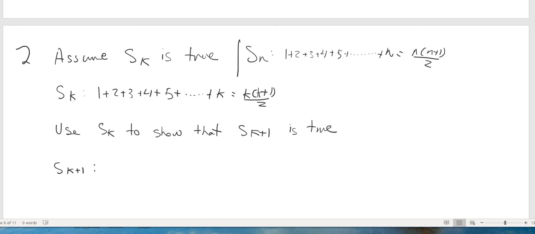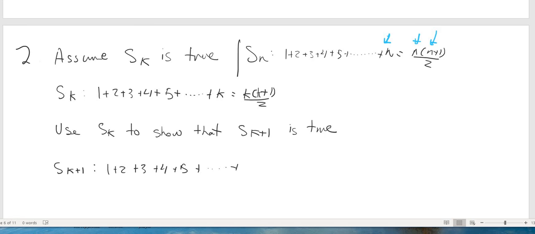Well, wherever you see an n, you plug in k plus 1 this time, right? So how does that look? 1, 2, 3, 4, 5. Right there, plug in k plus 1.